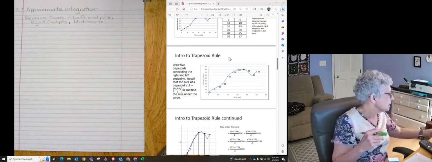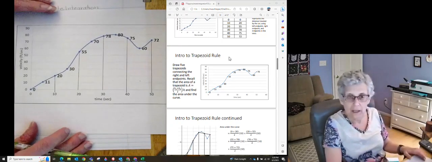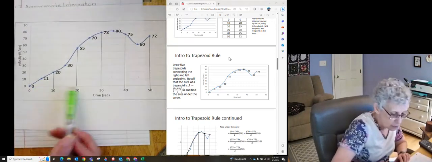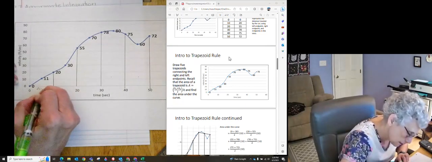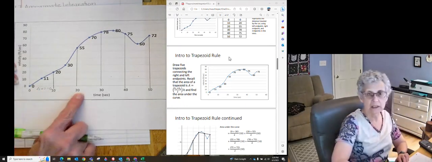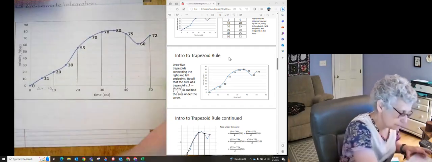So I did print out, and I went ahead and divided this into 5 sections. So these are my intervals. Delta x is equal to 10 because that's the distance between the two endpoints.